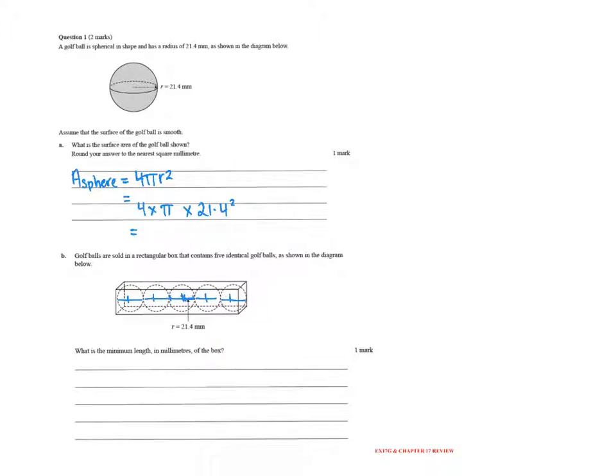If you count them up, we've got 1, 2, 3, 4, 5, 6, 7, 8, 9, 10. So wouldn't the minimum length have to be 10 times the radius? So we're going to say 214 centimetres would be the minimum length that box could be.